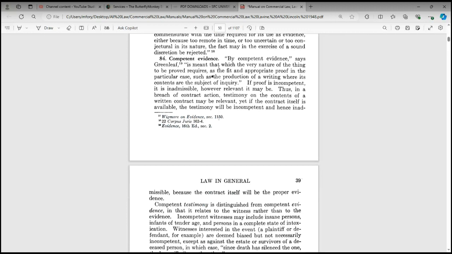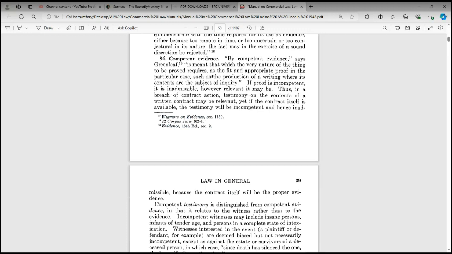Competent evidence is meant to be that which the very nature of the thing to be proved requires as the fit and appropriate proof in the particular case, such as the production of a writing where its contents are subject to inquiry. If proof is incompetent, it is inadmissible, however relevant it may be.